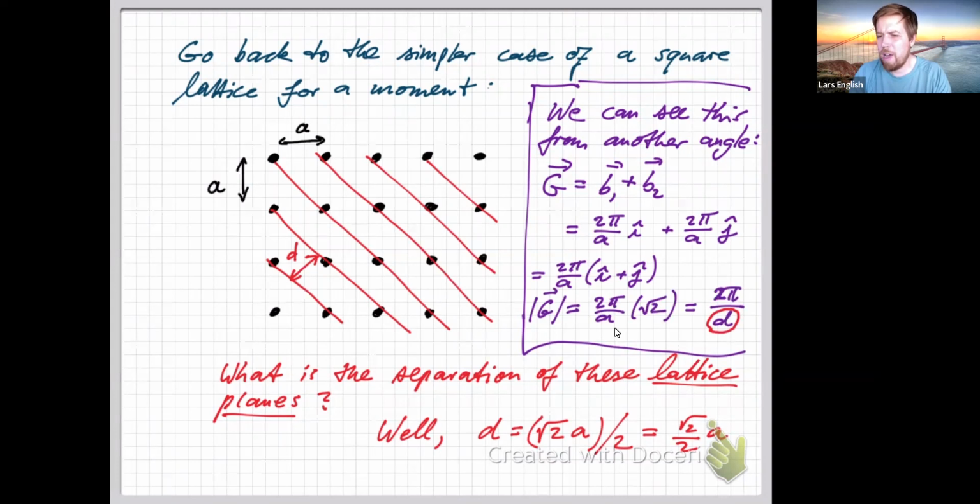So that's 2 pi over a times the square root of 2. The magnitude of i hat plus j hat is just the square root of 2. And so now I would like to write that as 2 pi over some distance, and then we see that that distance d is nothing other than square root of 2 over 2 times a. So that's another way in which we can get the spacing between these lattice planes: we can look at the magnitude of the associated reciprocal lattice vector, G.